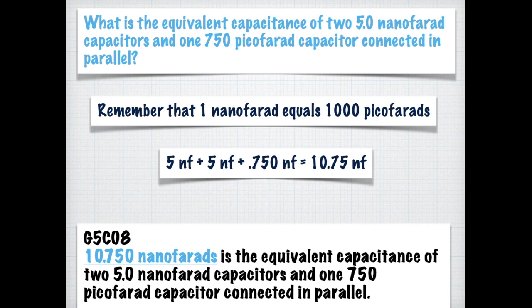What is the equivalent capacitance of two 5 nanofarad capacitors and one 750 picofarad capacitor connected in parallel? So we remember that 1 nanofarad equals 1,000 picofarads, and we also know that when we put capacitors in parallel, we add them.